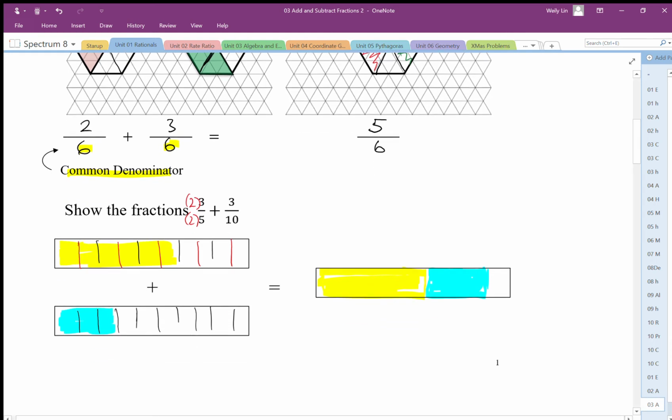So essentially this is going to look like 6/10, 6 out of 10, plus, well, this is still 3 out of 10, because we're not going to change those divisions because we don't really need to. We're going to end up with the same size pieces. So now I can count these together. I have 6 of these, 3 of the same thing. That means I have 9 of the same thing, which is the tenths pieces.